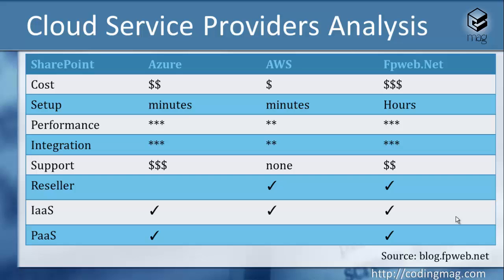So this is a table that I got from the FP Web blog. It's a comparison of services of Azure, Amazon Web Services, and fpweb.net. So I think we can trust this one. Let's see Azure. As for the cost, it seems the moderate solution to do. And its setup seems to be fast.